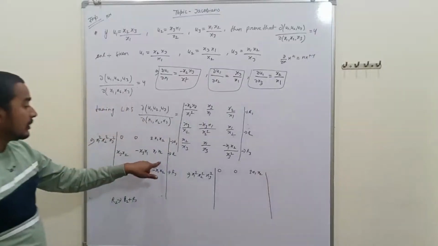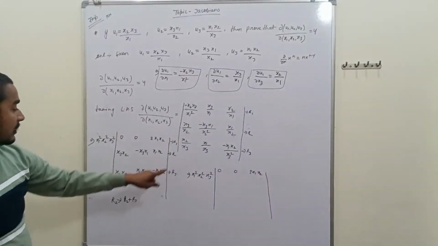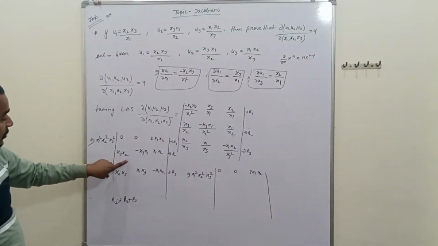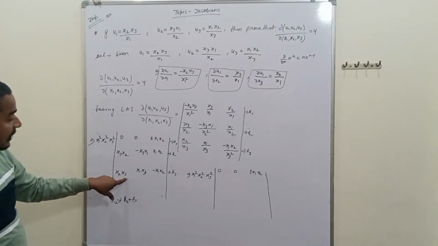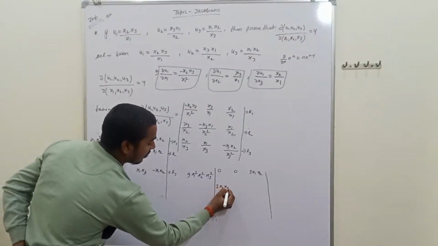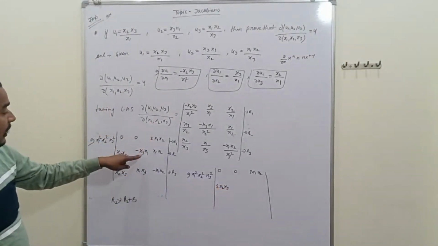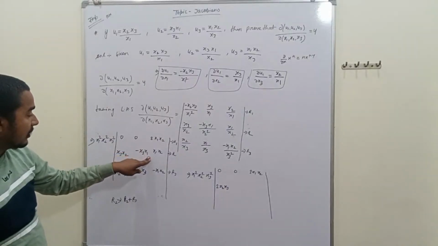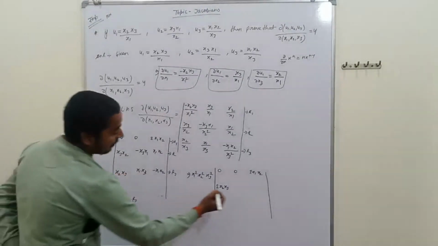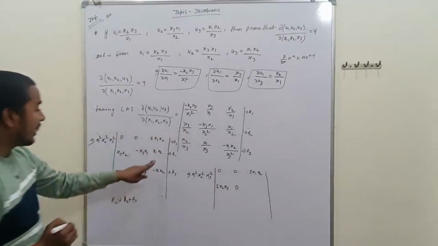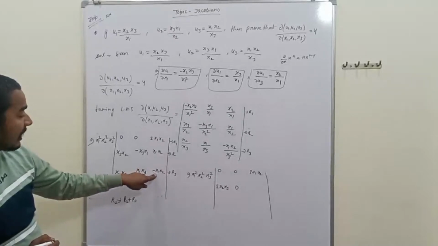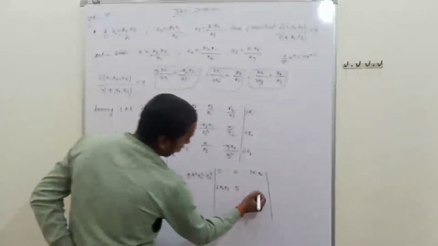We change r2, that is r2 replacing r2 plus r3, so here it is x3 x2 and x2 x3, that is 2 times x2 x3, and from here minus x3 and plus x1, and from here x1 x3 this is 0, and for the third, x1 x2 and minus x1 x2, this is also 0.